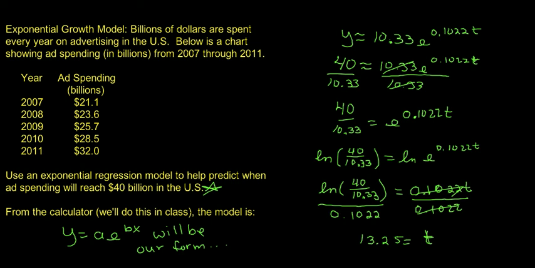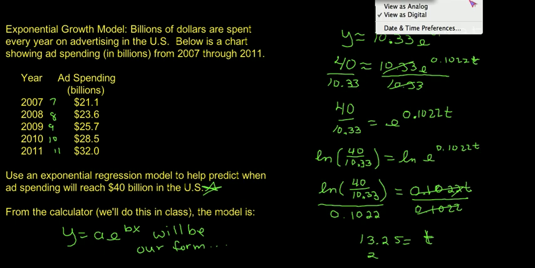And when you go back, and you'll know this in class, when we plugged everything in on the calculator, we actually let this be year 7, year 8, year 9, year 10, year 11. So when we get this, we know that sometime in 2013 is when we would predict.